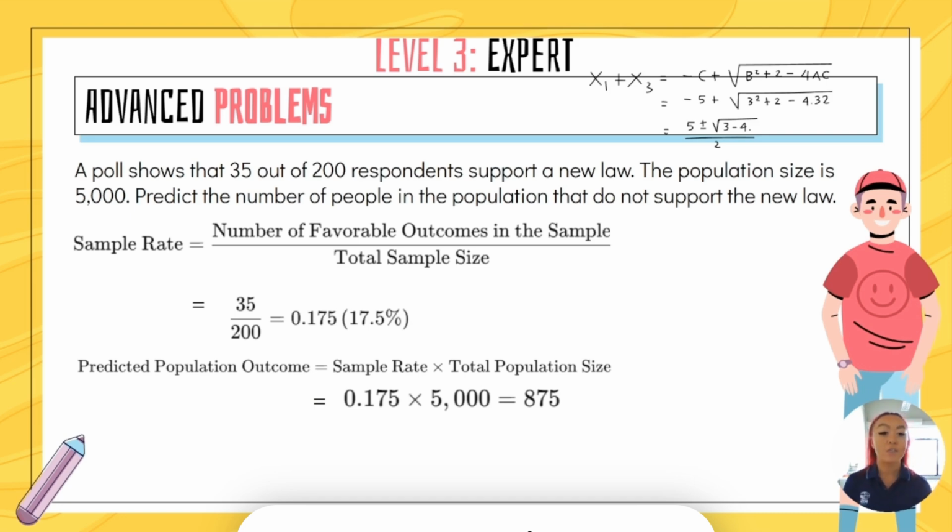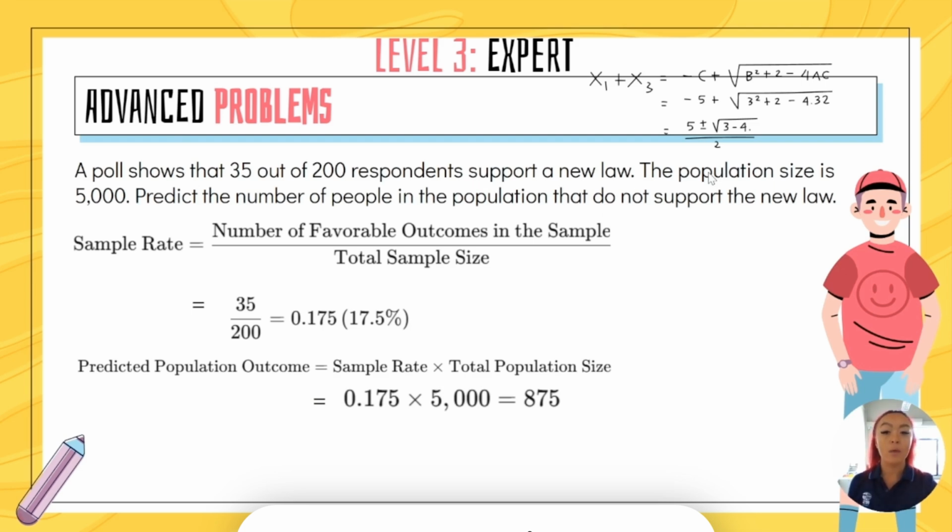But the question is not asking the predicted number of people in the population that do support the law, right? 875 represents the number of people predicted to support the law. They're asking how many people are predicted to not support the law, right? This question here, predict the number of people in the population that do not support the new law.